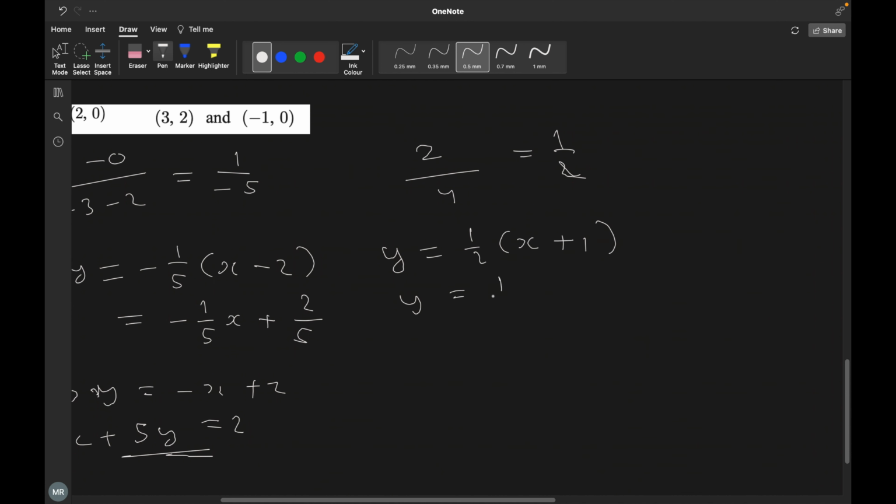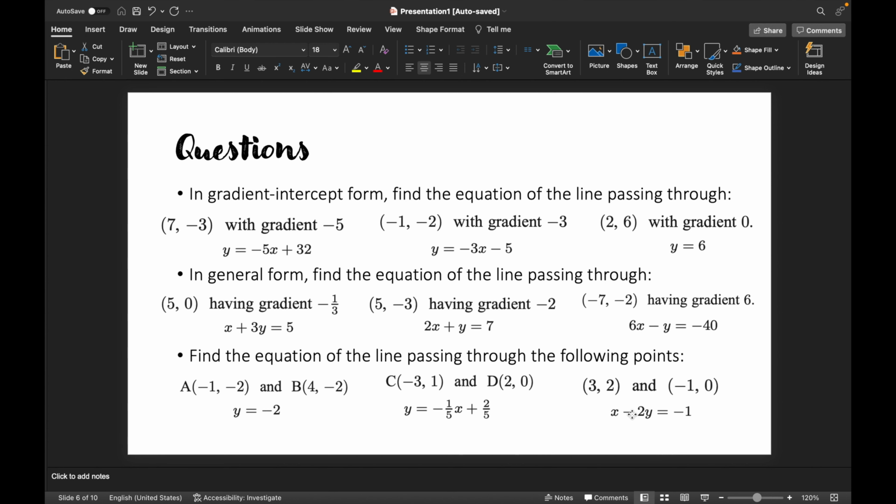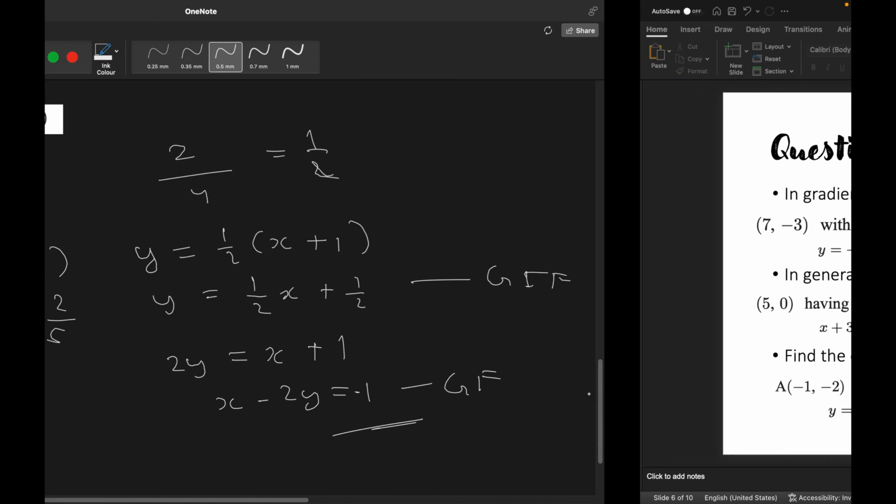That will be y equals 1 by 2x plus 1 by 2. This is in gradient intercept form, and let's write it in the general form. So x minus 2y equals to 1, negative 1. That's general form. Yeah, we got our answer.